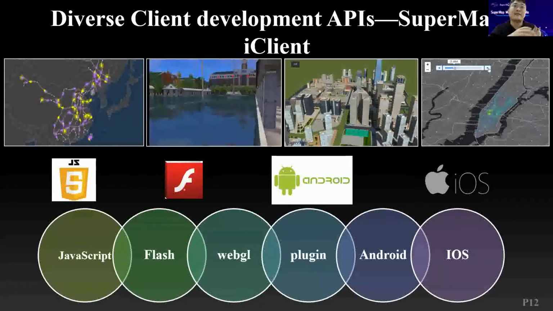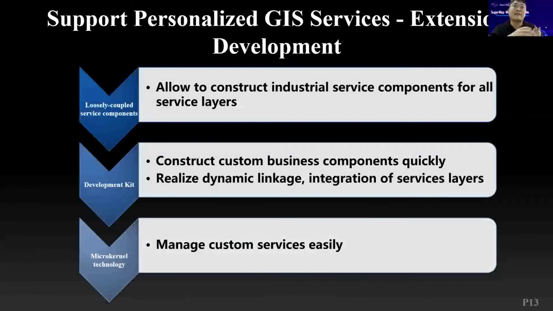Okay, the slide you are seeing now is about the existing functions of iServer, like publishing different kinds of services, managing the services, and using the services. These are all existing capabilities of iServer.